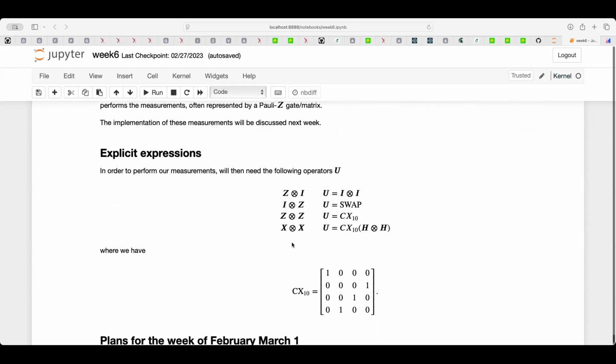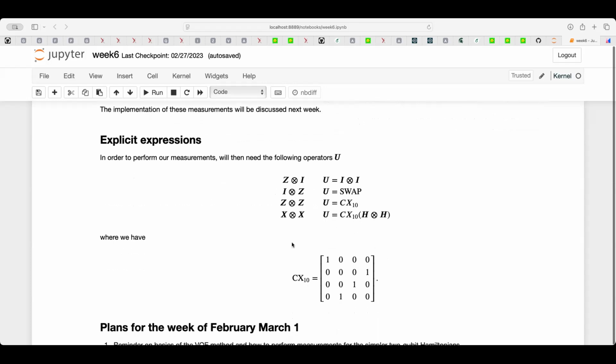But the problem now is that when you get into more and more complicated systems with more and more qubits, we need to make these transformations in order to be able to make a measurement in a given basis. So this is the kind of complication you get when you do quantum computing, because you want to relate what you're doing to a specific experimental setup, which then constrains your operations.